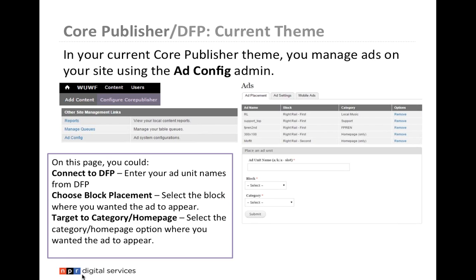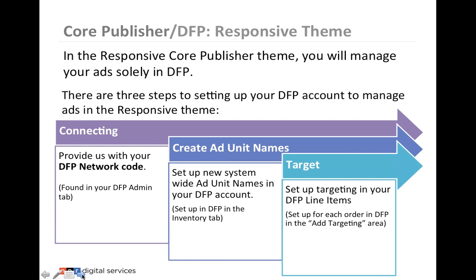And you have this ad configuration right now in Core Publisher that you've probably gotten pretty used to. In the new design, you no longer have to do that configuration in Core Publisher. That page will be going away. Now you will have to do configuration in your DFP account.